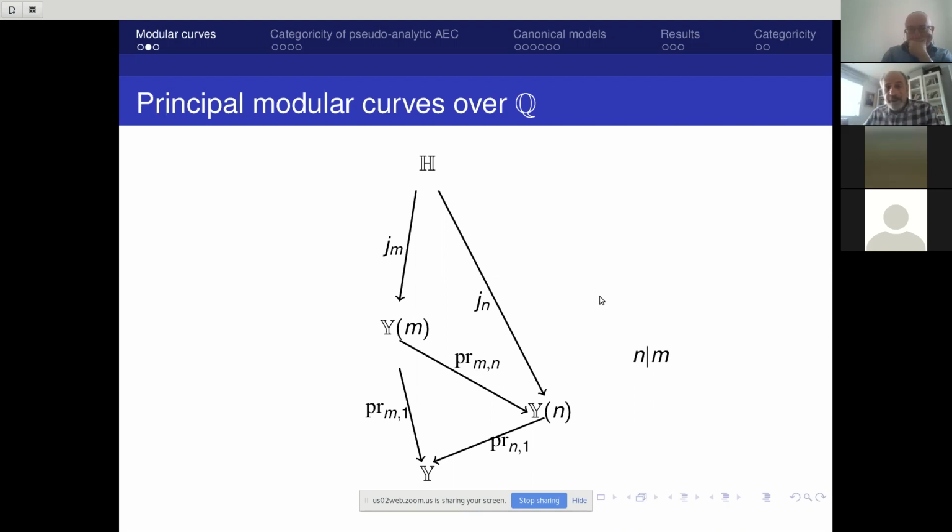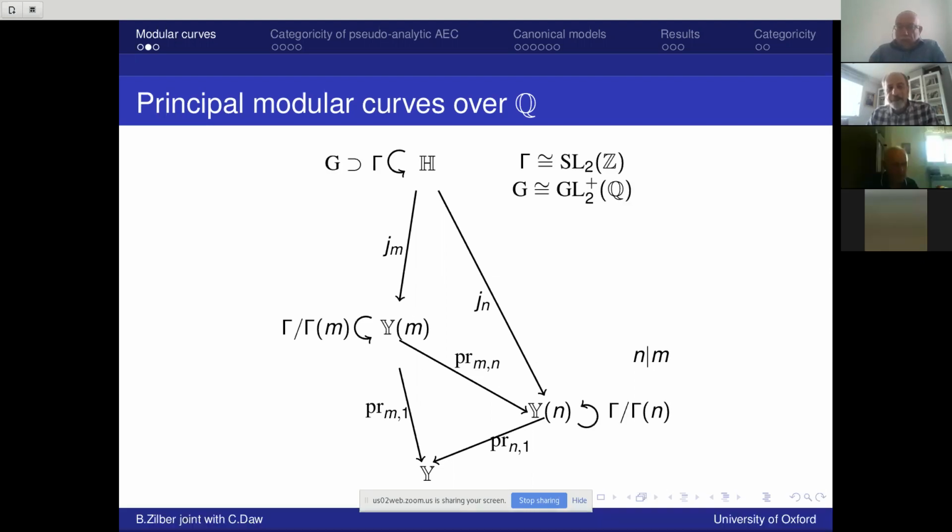Okay, so this is the immediate picture that emerges. But this picture is not what can be extracted from the data given to us. In particular, an important ingredient of this structure is that you also have actions of the respective groups.